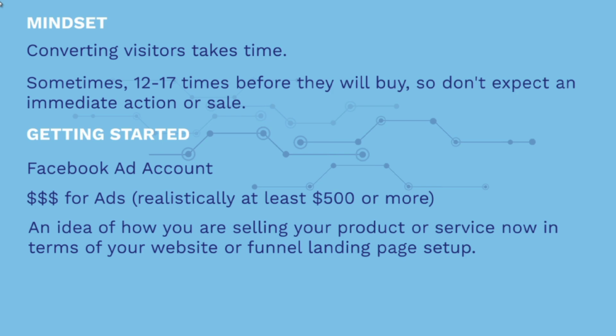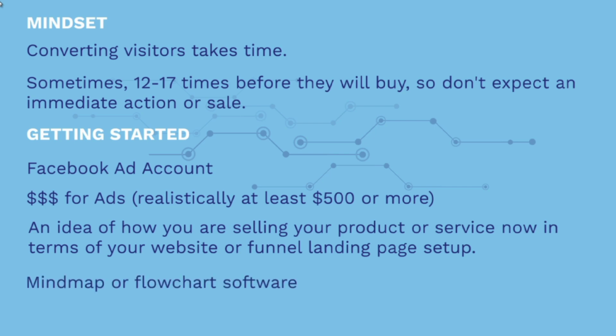You'll also need to have an idea of how you are selling your product or service in terms of your website, in terms of your funnel landing page setup, meaning how many pages do you have in your funnel? Do you have 3? Do you have 4? Do you have 5? How many? You want to have an idea of that before you get started, because it'll start to make sense once I show you around.